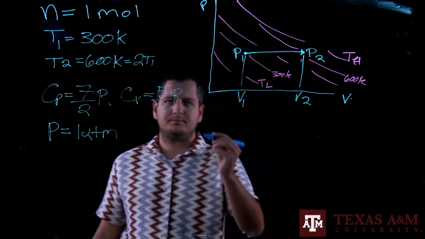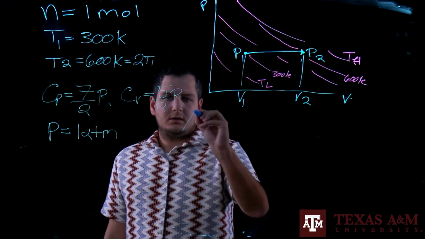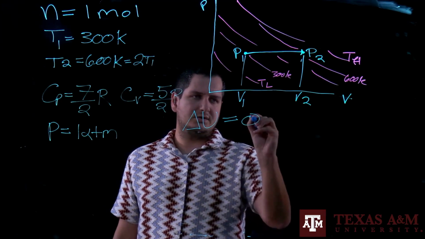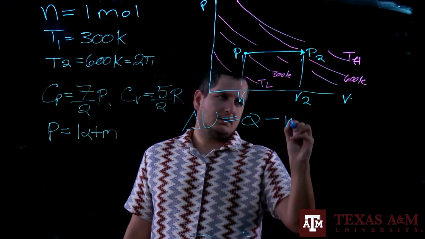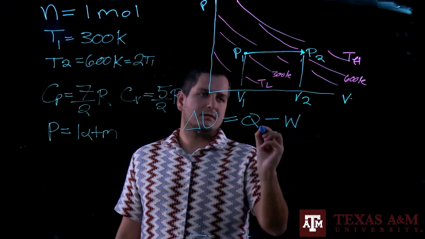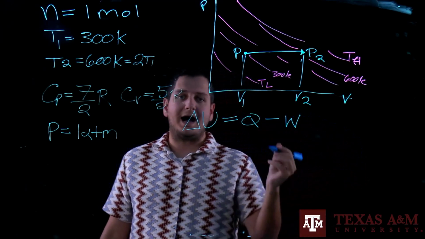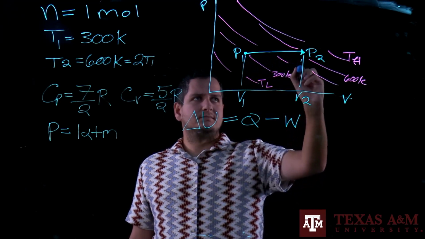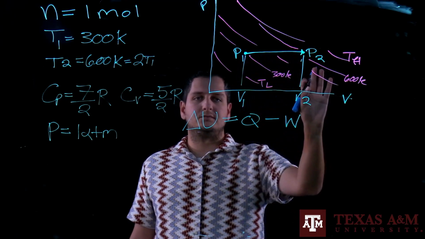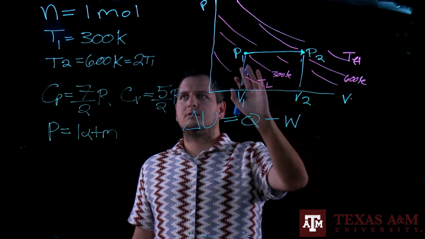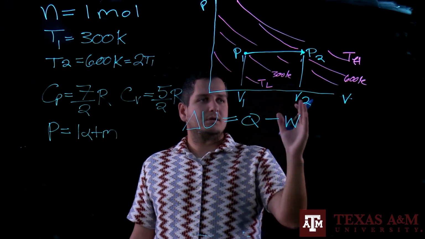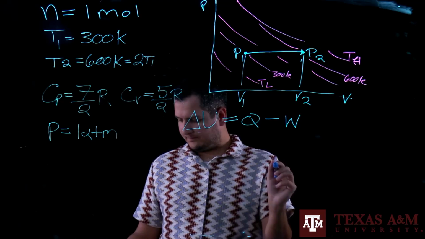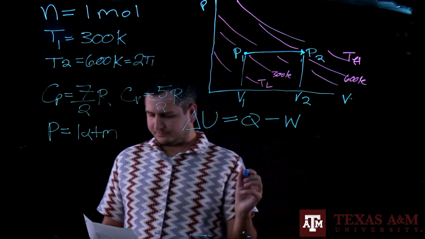Let's start with the first law. dU is equal to Q, heat added, minus work done by the system, okay? So we know that there's expansion here, because we have volume 1 to volume 2. This means we have a work term.